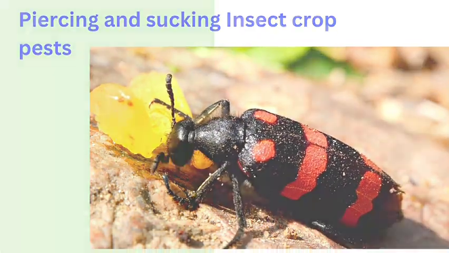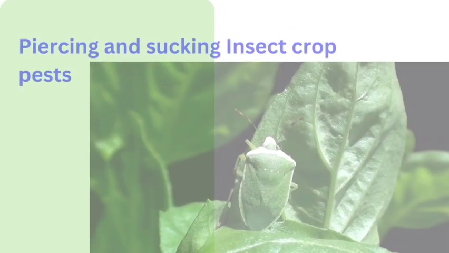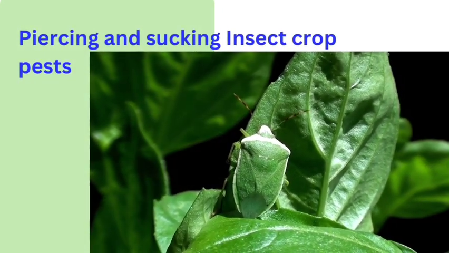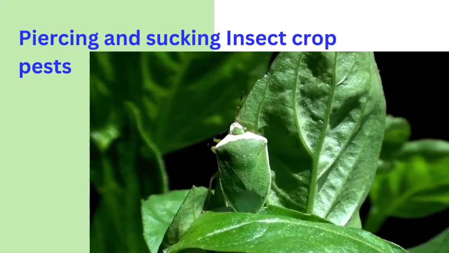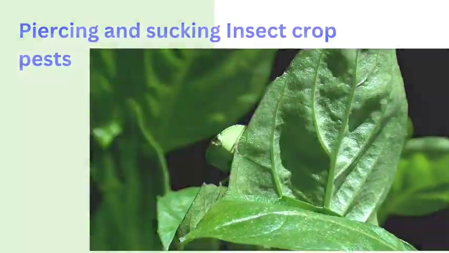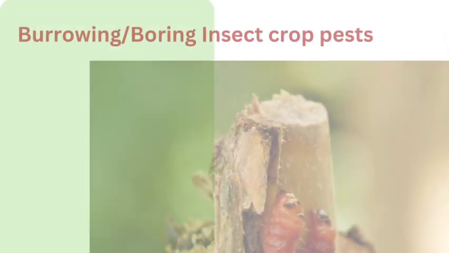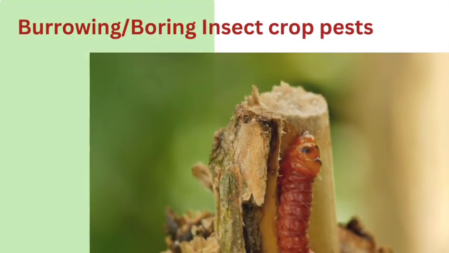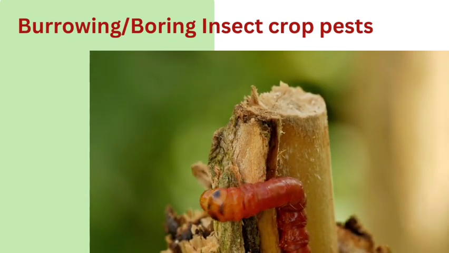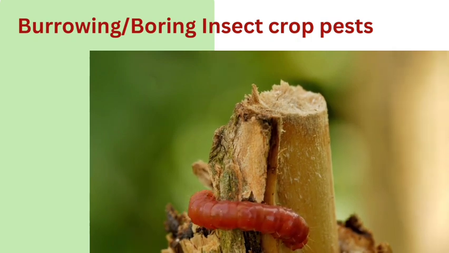This regular sucking usually leads to weakening of the plant stem. The sucking also causes transmission of disease from an infected plant to a healthy plant. Examples of piercing and sucking insect pests are the plant lice and also the cotton stainer.